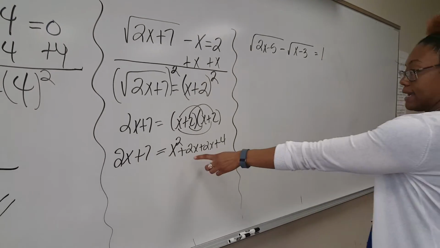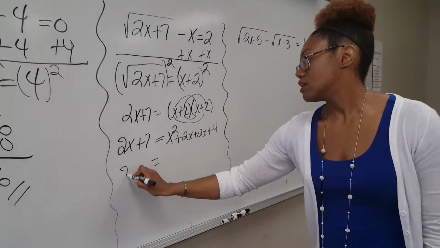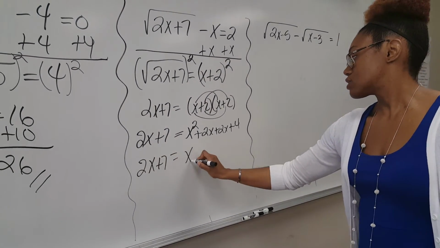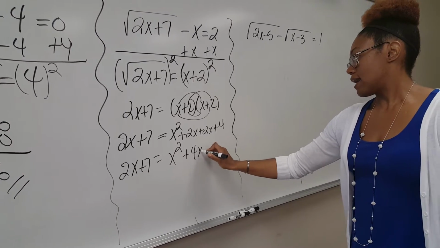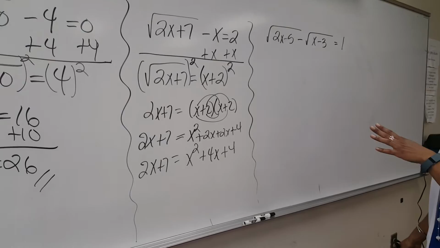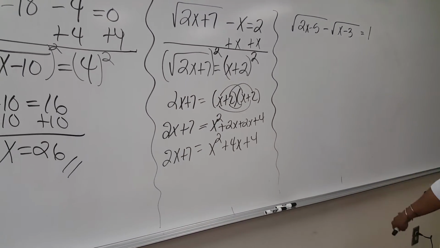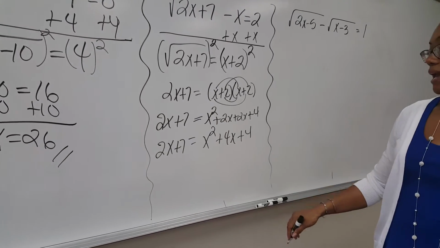So again, on my right-hand side, I combine my like terms, and that'll give me x squared plus 4x plus 4. I always want to get things on one side. So since I have my x squared on this side, I think I want to go ahead and move everything to the right-hand side.